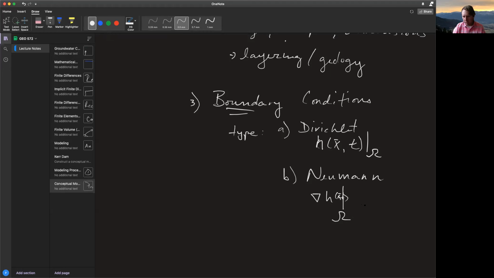In groundwater modeling, this will be a specified flux, because flux is related to head by Darcy's law.